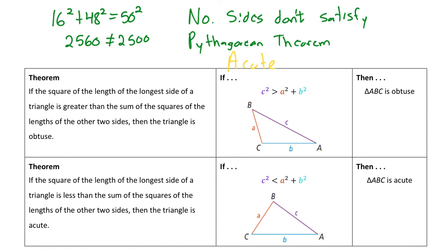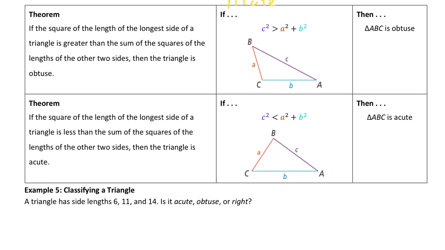So how to tell if a triangle is obtuse or acute when we know that it's not a right triangle. Basically, if we do a squared plus b squared equals c squared, and the legs, when squared and added together, are less than the hypotenuse squared, then it's obtuse, because c squared is bigger than a squared plus b squared.